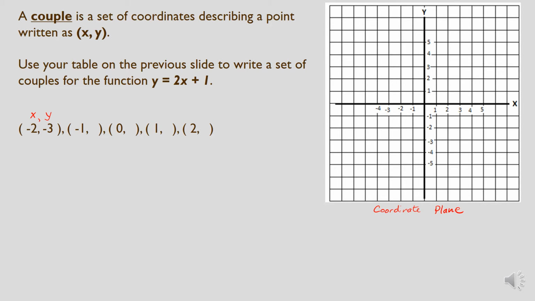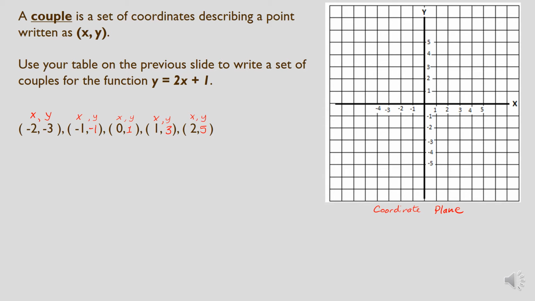Okay, the second input was -1, and our outputs were going up in 2s, so our y for this couple is -1. The next one was 1, so that's our x with our y. The next output was 3, and the final output was 5.